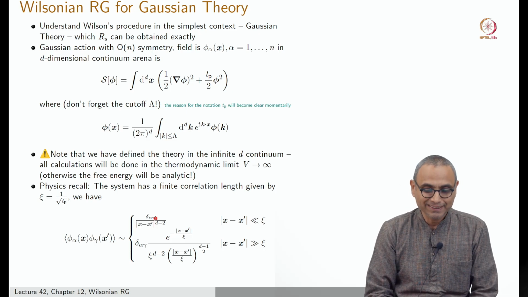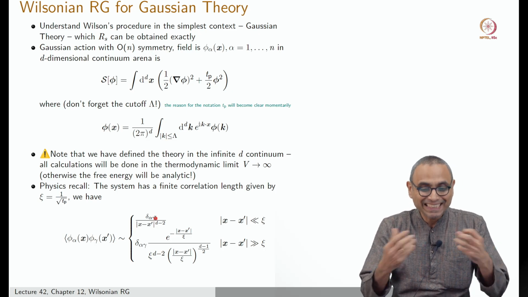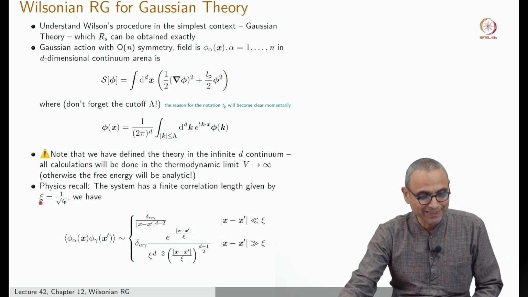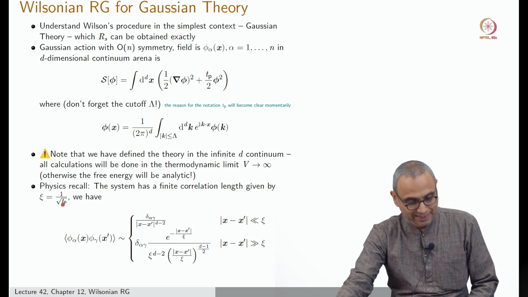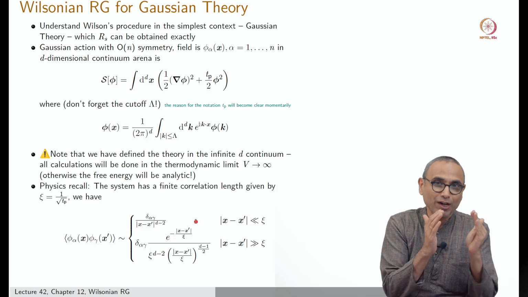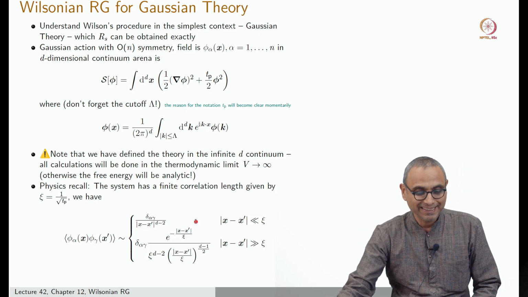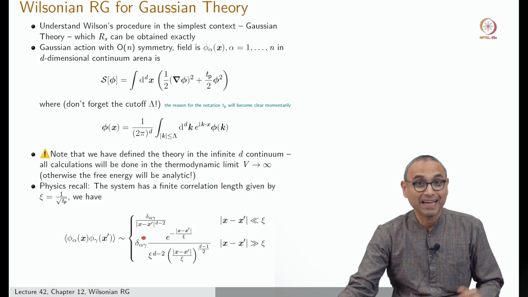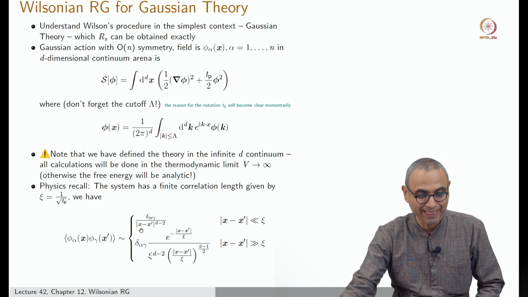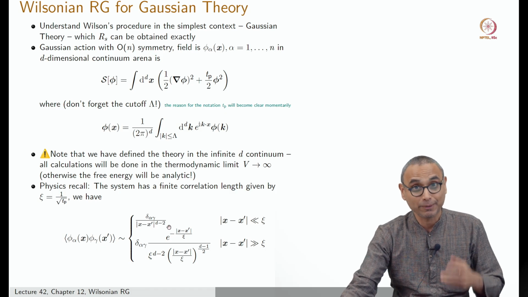The second point is there is an emergent length scale in the theory, which is xi, which is 1 by square root of Tp, right? If you are on scales smaller than this correlation length, then the system looks like having power law correlation. So it goes as 1 by the distance between the 2 points to the power d minus 2.